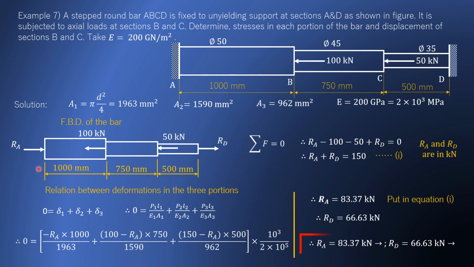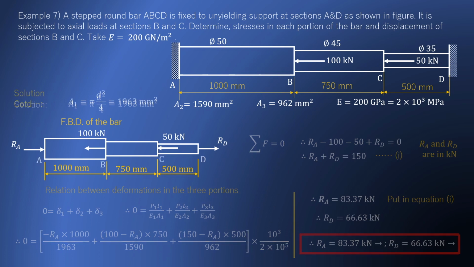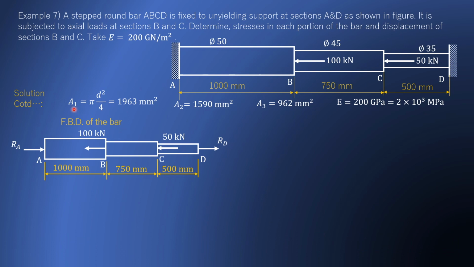So now we know all forces acting on the rod. So we are ready to find internal force and therefore deformations. Let's proceed. Area of first part is 1963 millimeters squared. Area of second part, diameter is 45, so pi d squared by 4 is 1590 millimeters squared.